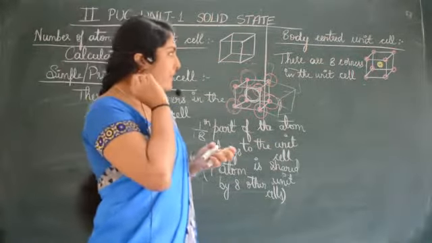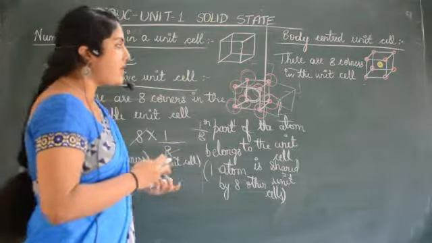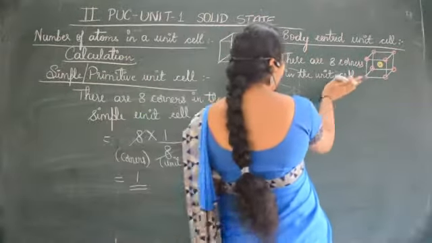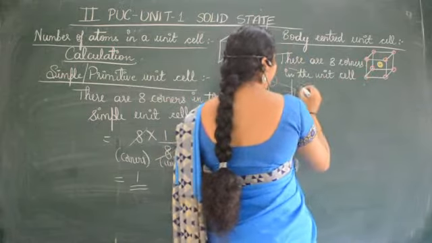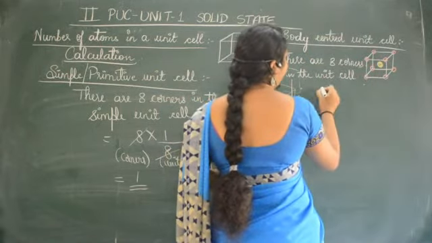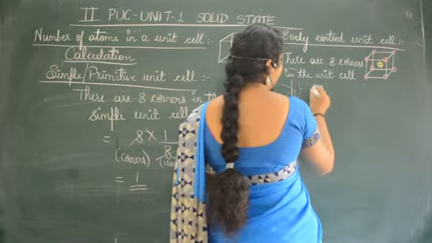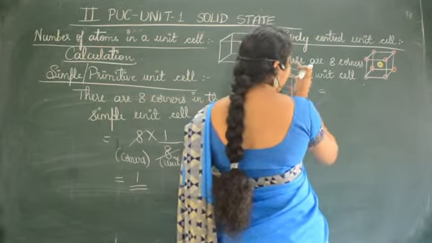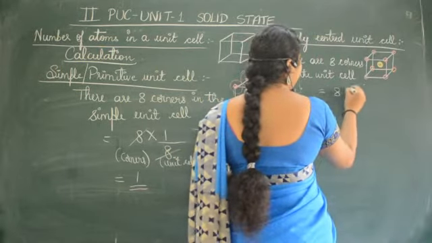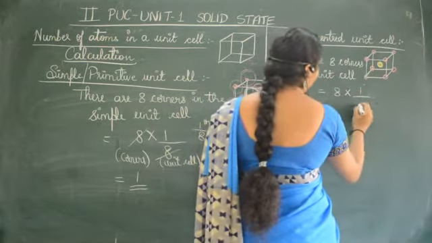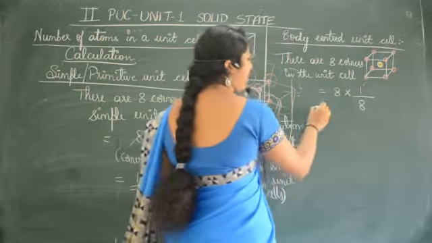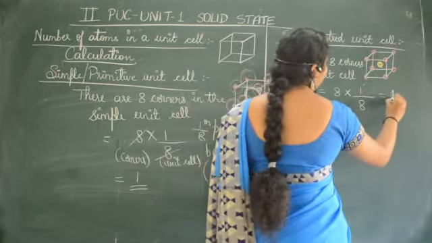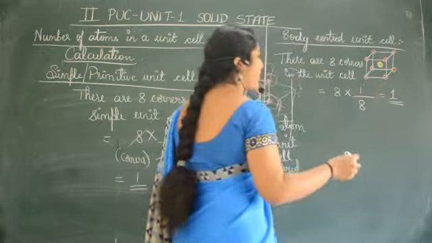So now we will have to calculate. There are 8 corners in the unit cell. Now for corner atoms we will calculate. Therefore, atoms in the corner, 8 corners into 1 atom shared by 8 unit cells, that is equal to 1. So for corner atoms you have calculated, it is 1.